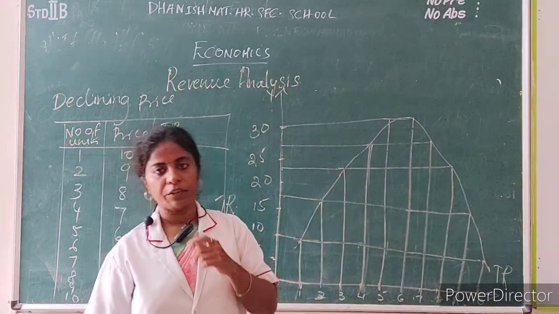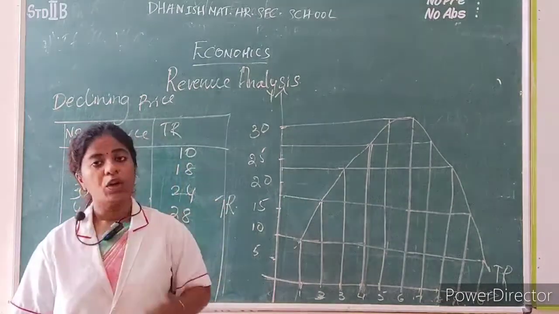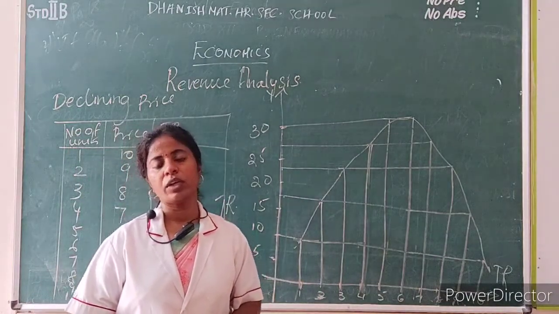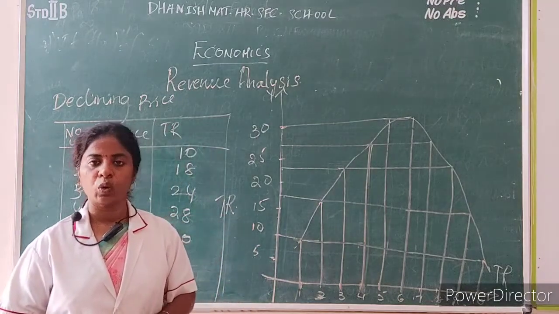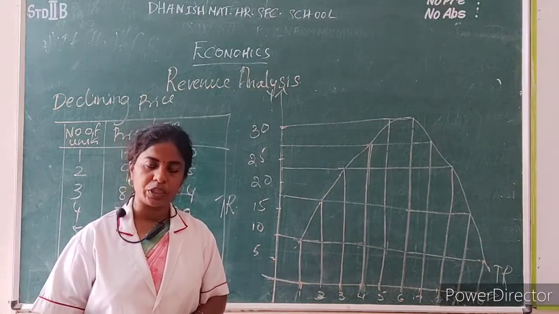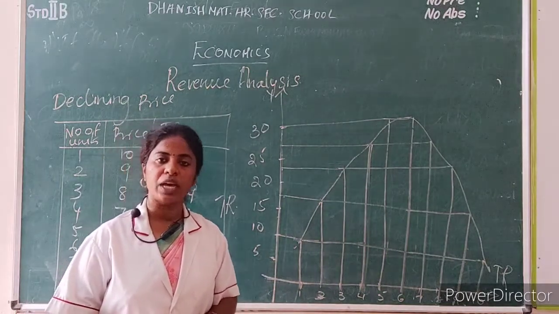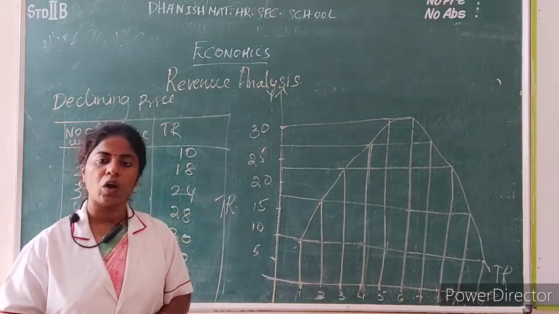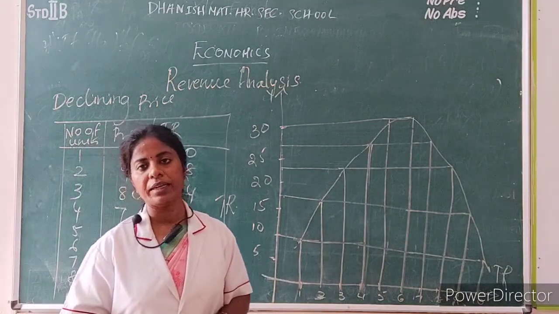So what is total revenue? Total revenue means the total sale of goods, through which a producer receives profit. It is called total revenue. Total revenue is explained by two concepts: one is constant price, another is declining price.